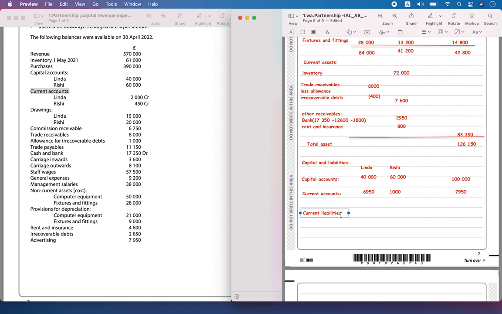Then the current liabilities are trade payables, so any trade payables will become a current liability, and also other payables.